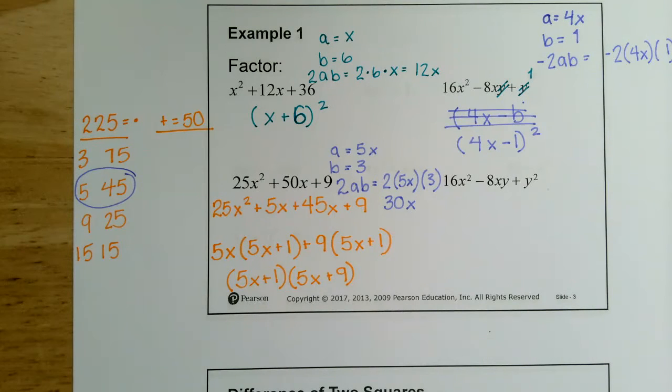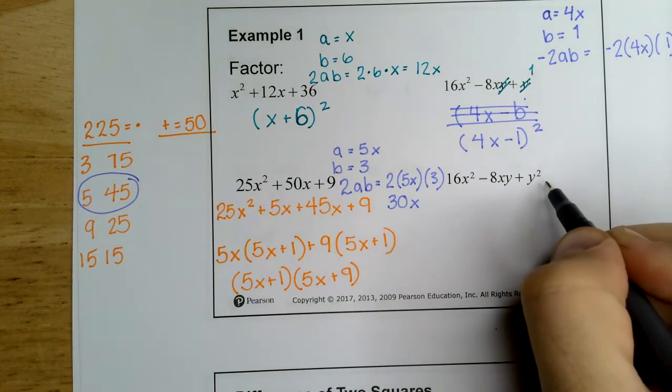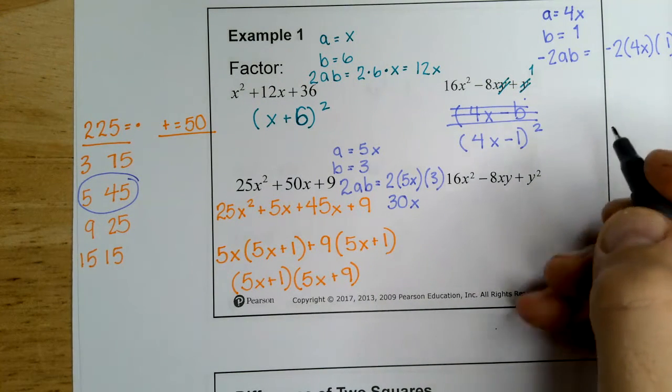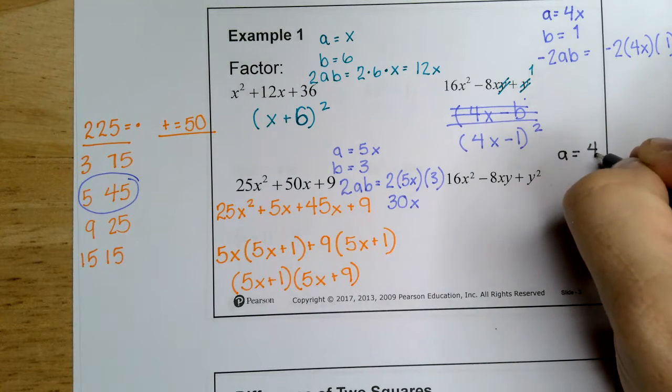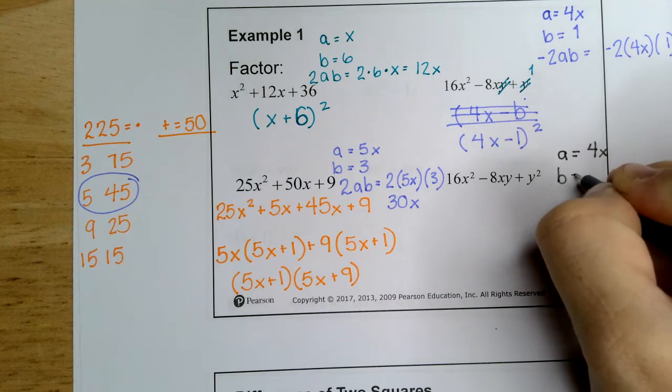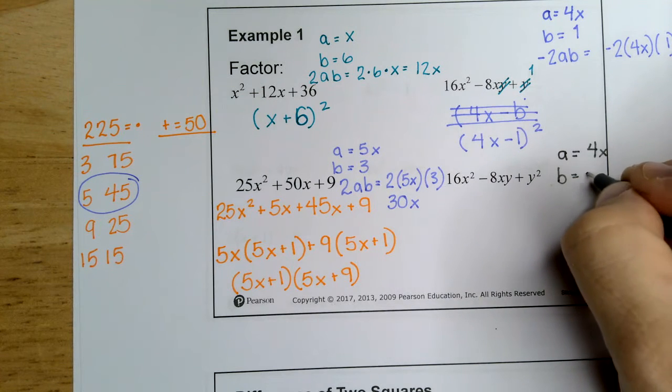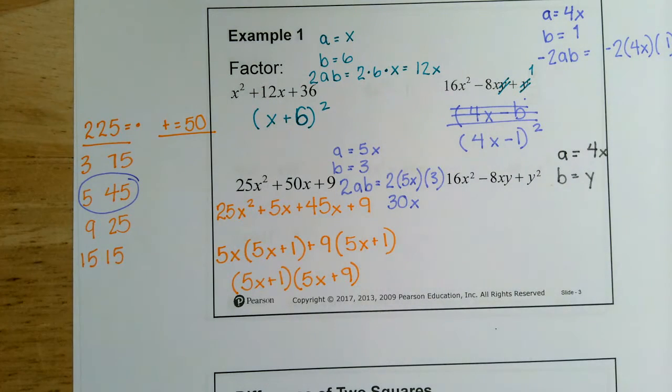Our last example for perfect square trinomials is 16x squared minus 8xy plus y squared. So it's just like this one, except the y is squared, so it will actually work. A is the same, 4x. B now, you can see it's just y, right? Because the square root of y squared is y.